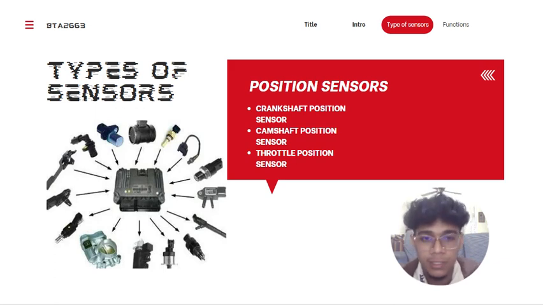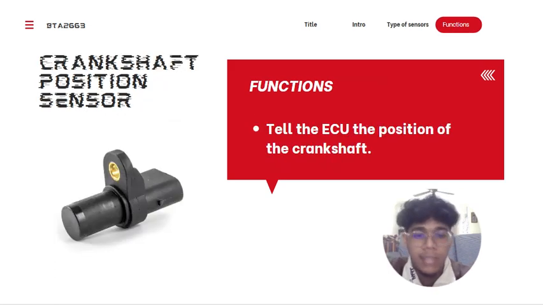There are many types of sensors, and the first is the position sensors. These include the crankshaft position sensor, camshaft position sensor, and throttle position sensor. So let's look at the crankshaft position sensor. This sensor tells the ECU the position of the crankshaft, because the position of the piston is fixed in relation to the position of the crankshaft.